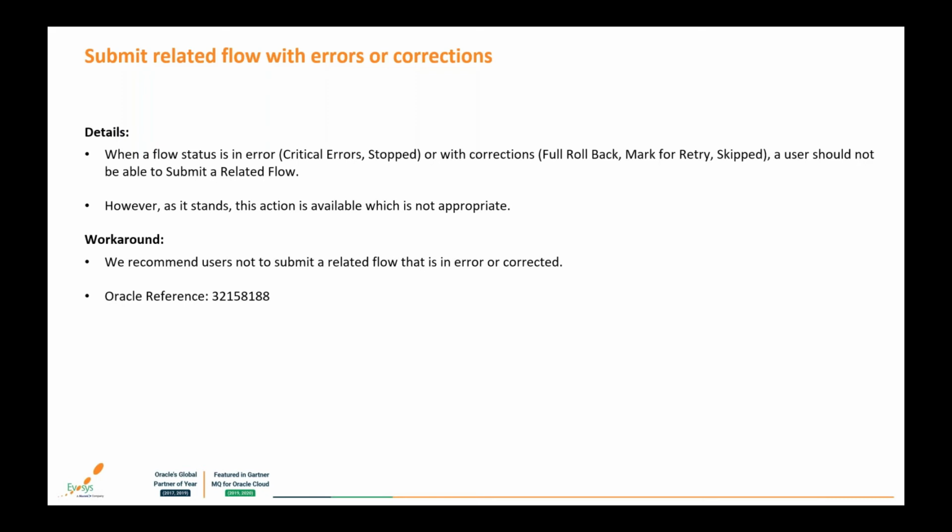It was not supposed to allow the user to resubmit the related flow, but it is allowing the user to submit that one. This is inappropriate. The temporary workaround is that Oracle has recommended users to not submit related flow that is error or corrected, to avoid future more impacts. And this issue is tracked by this Oracle reference number.